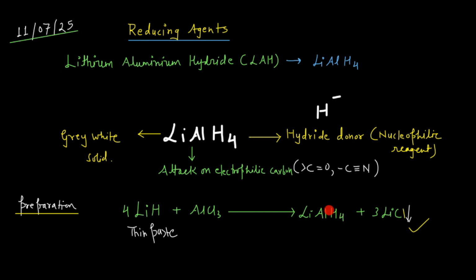We evaporate this filtrate in the absence of carbon dioxide and air, because lithium aluminium hydride quickly reacts with carbon dioxide as well as air. When all the solvent goes out, you are left with the gray white solid, which is lithium aluminium hydride. So this is the method of preparation.